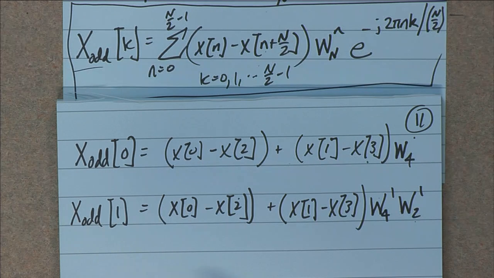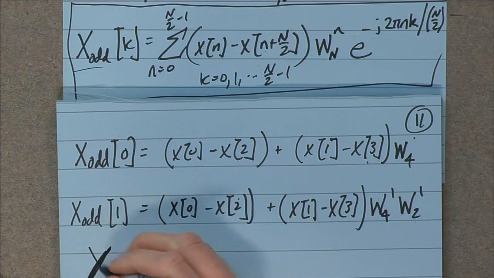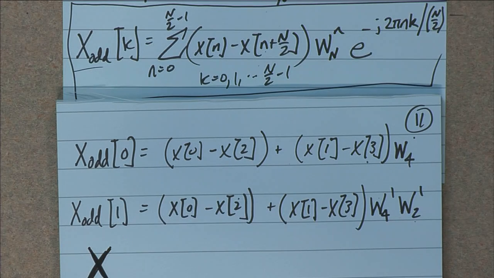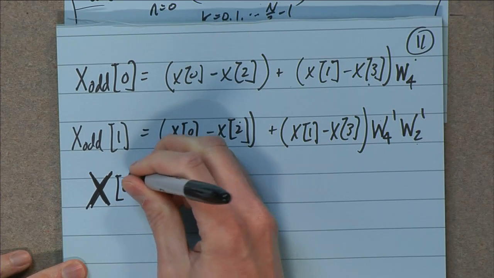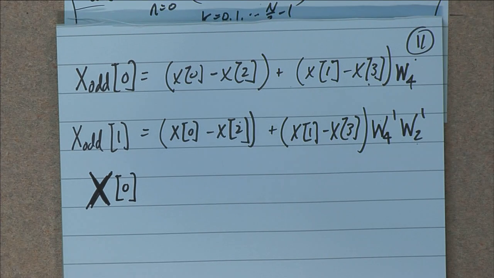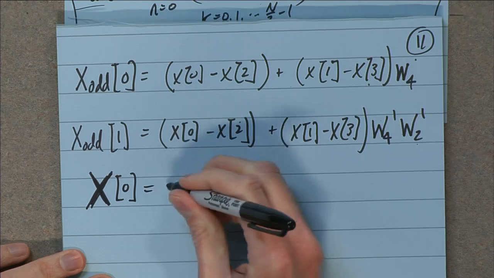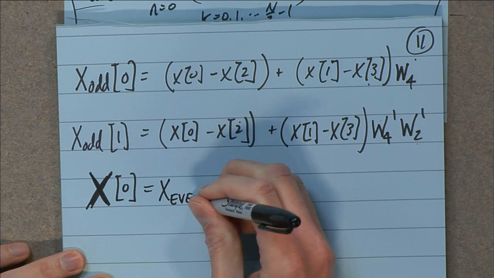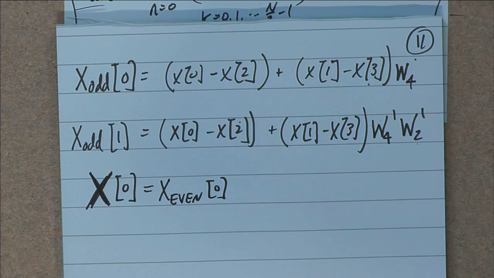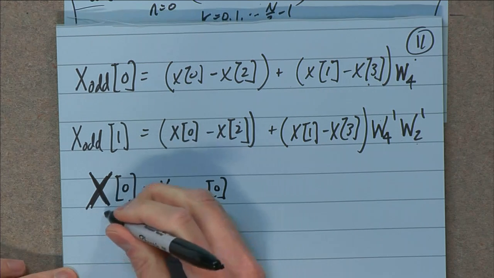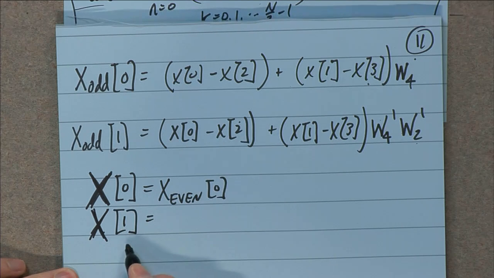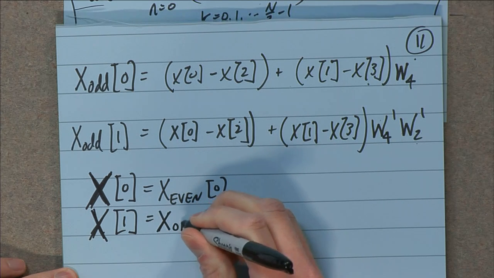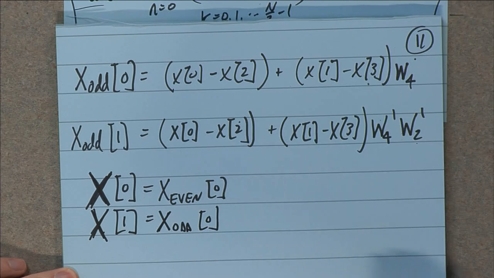very doable. Now let's map these using the boldface font. So these are the proper outputs of the 4-point DFT. And so that's going to be equal to what? The 0th output is the 0th output of the even. This first output is the 0th output of the odd.